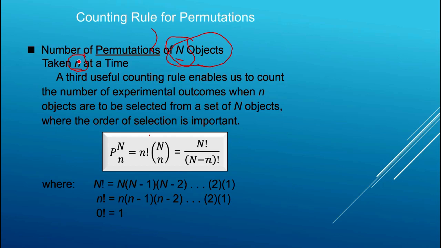And in the previous example, implicitly the order mattered. So if we drew, say, an ace of spades and a 3 of hearts in one hand, and then another hand had all the same 5 cards, but we drew them in a different order so that the 3 of hearts came before the ace of spades, that would be considered a different experimental outcome.